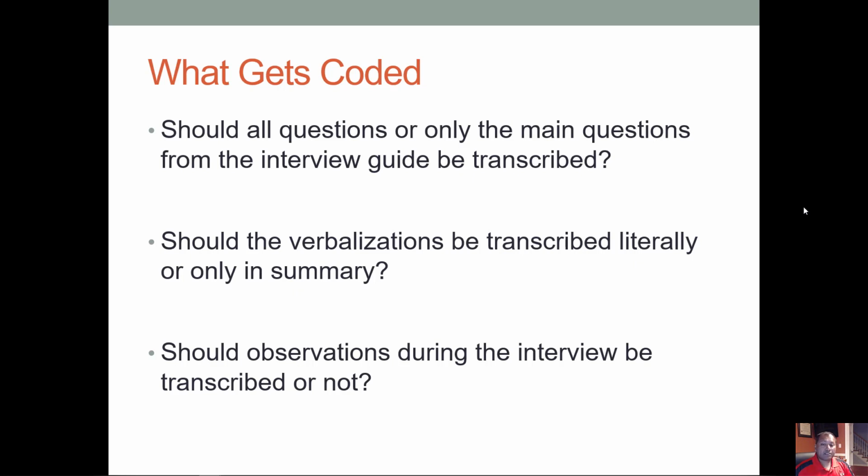Another question is, should observations during the interview be transcribed or not? And it's amazing, depending on the topic, once again, a lot of it depends. The best practice should usually incline us to say yes, but it really depends, because at that point it's a matter of time, it's a matter of ability, it's a matter of resources. If you have a person who is observing and a person who is transcribing, absolutely.